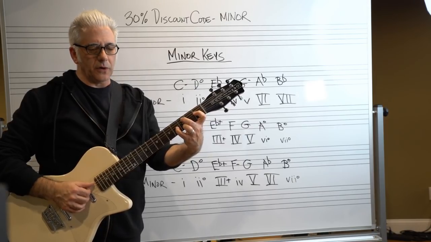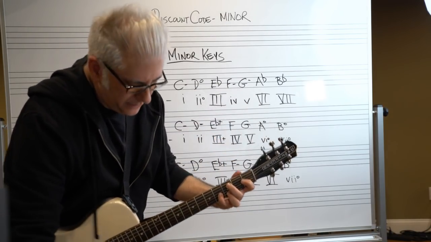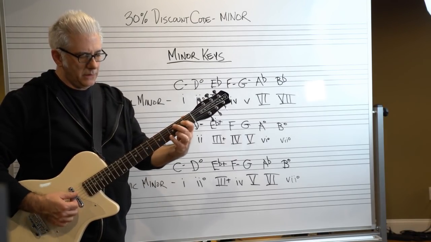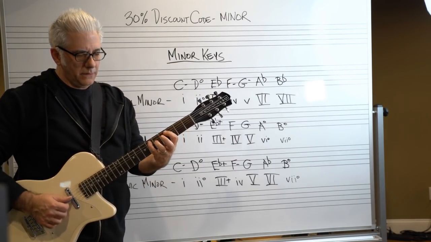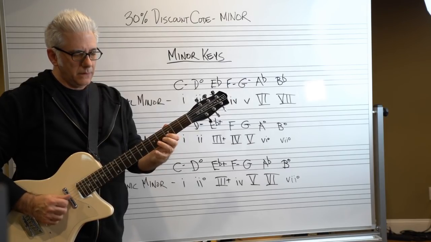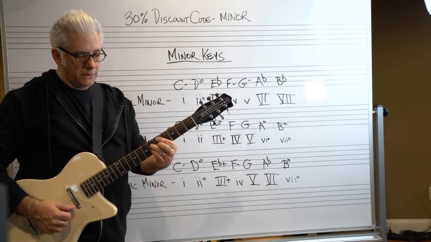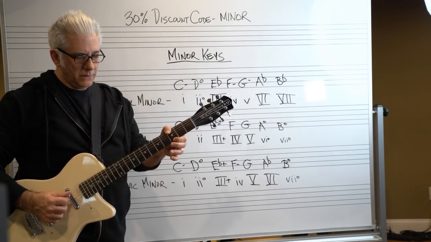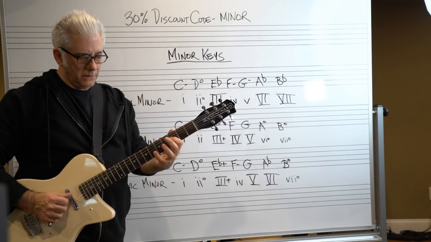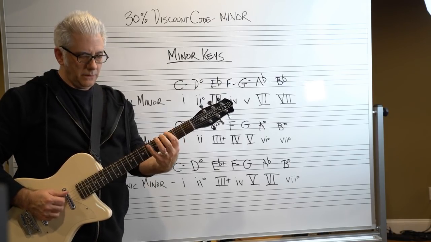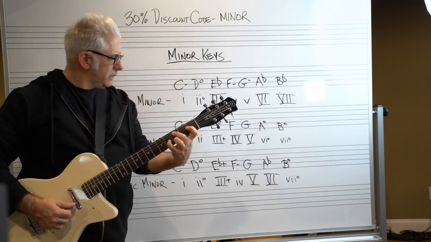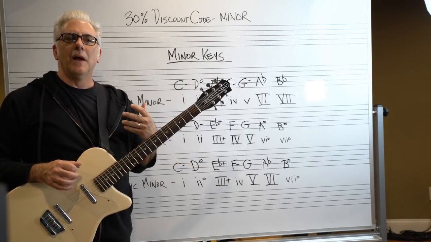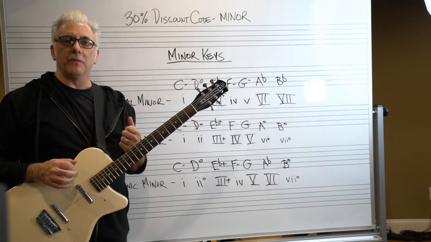But the 1 chord is going to be minor major 7. Okay, so it's going to be. That's where that minor 2-5-1 comes from, is from a minor key.